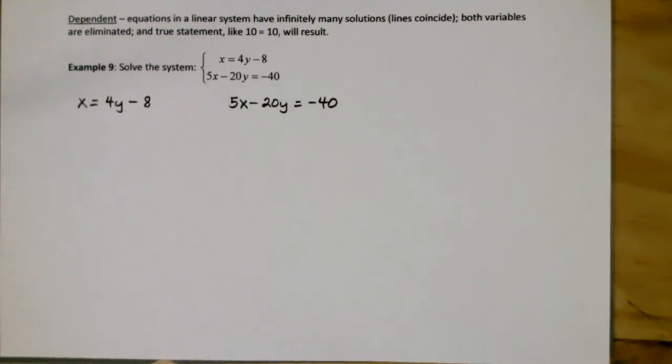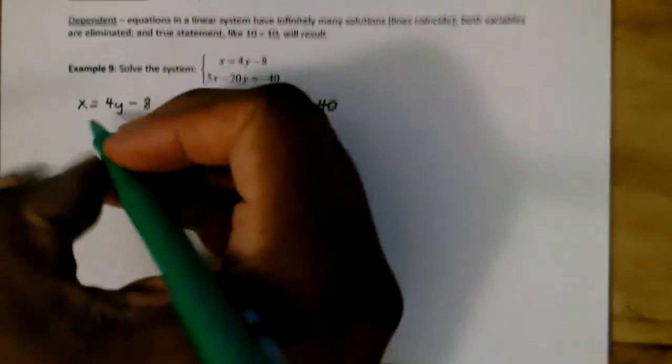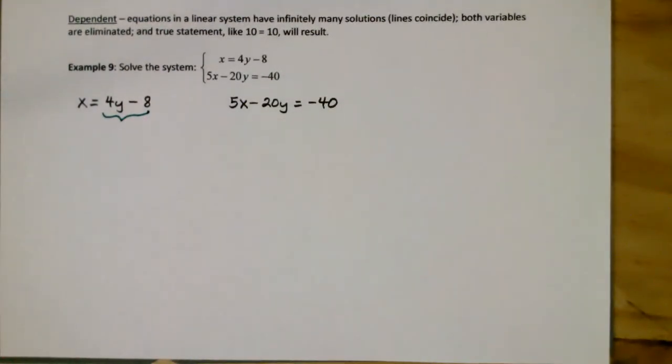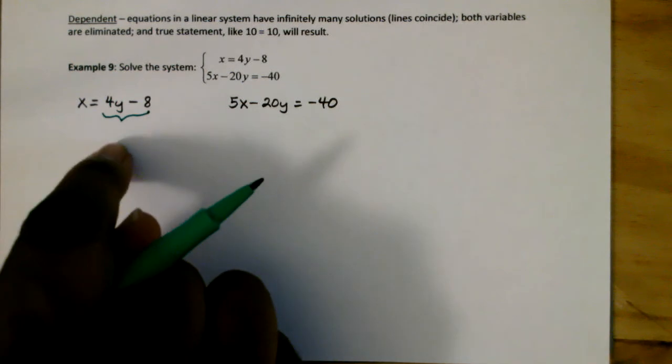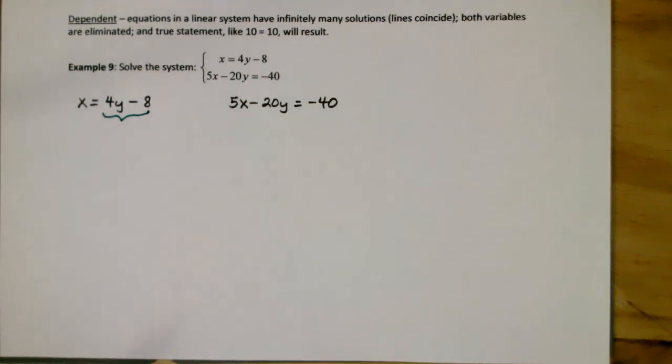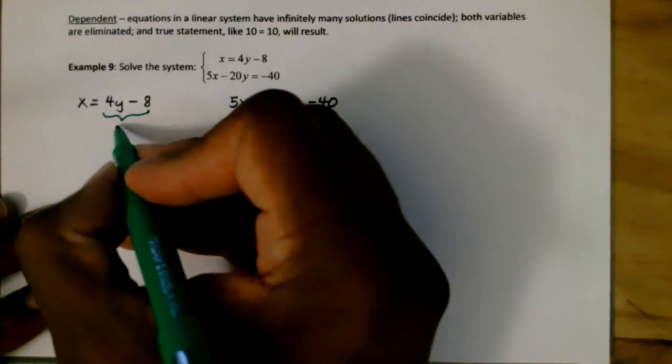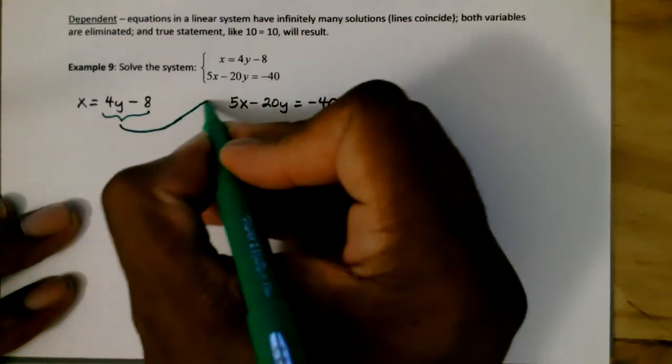What I can do here is use the substitution method. Okay, so sometimes you may have to use whatever method will be best for you to solve a system of equations. In this case, it would be best to use the substitution method. So I can take that 4y minus 8, which is what x is equal to, and substitute it for x in the other equation.